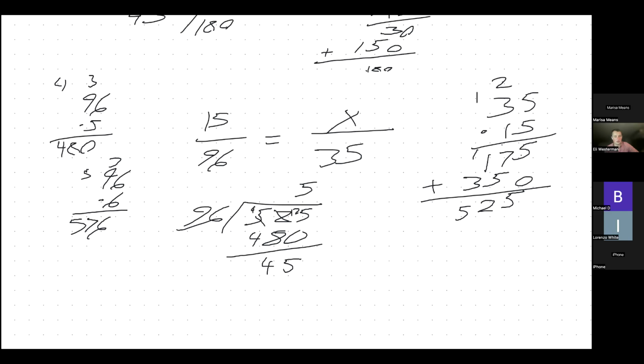We're going to bring down a 0. How many times does 96 go into 450? It goes in 4 times. 96 times 4 is 24. 4 times 9 is 36, plus 2 is 38, 384.